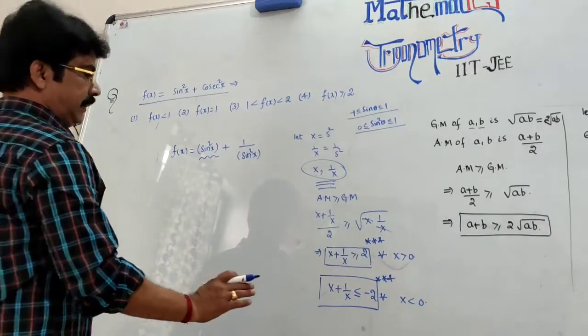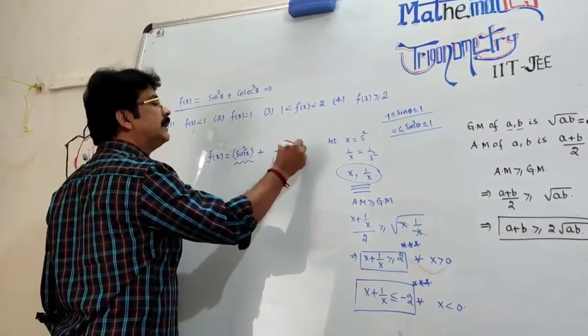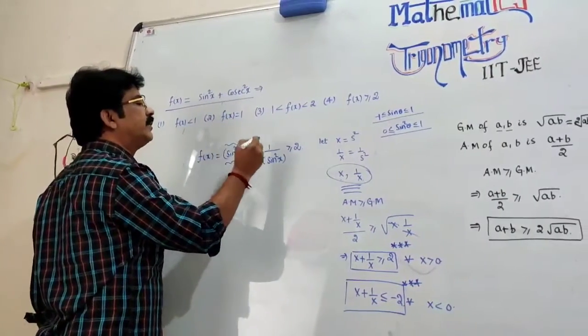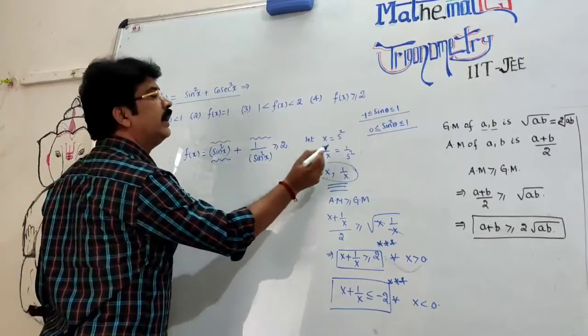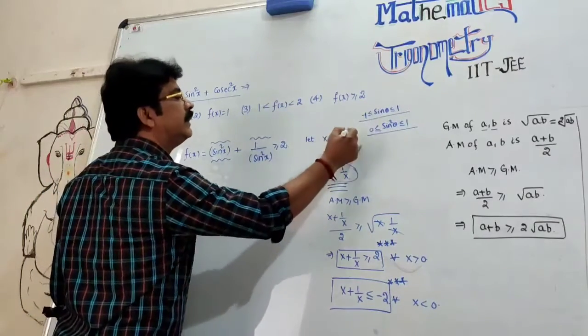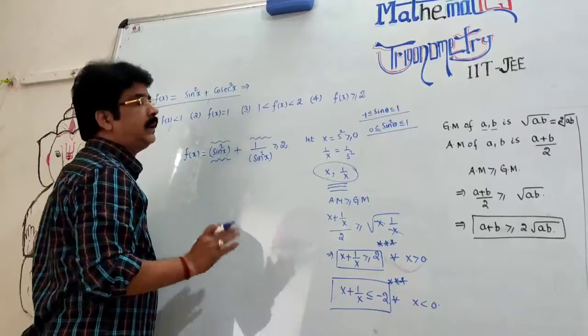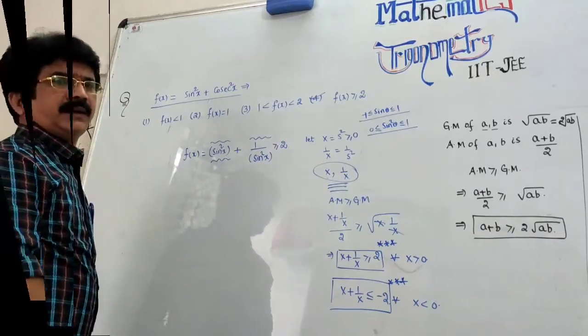Understand? So it is always greater than or equal to 2, because x plus 1 by x is always greater than or equal to 2, since sine square is greater than 0. Right. So which option is right? The fourth option is right. Hence the problem.